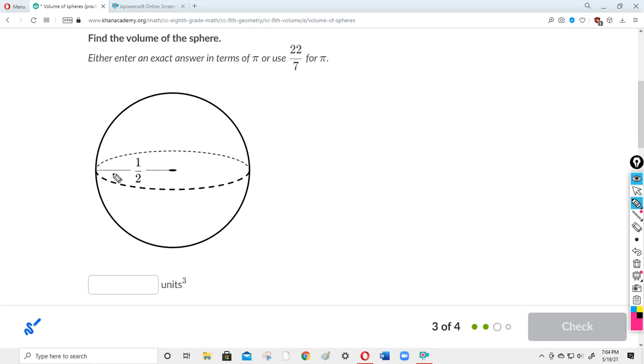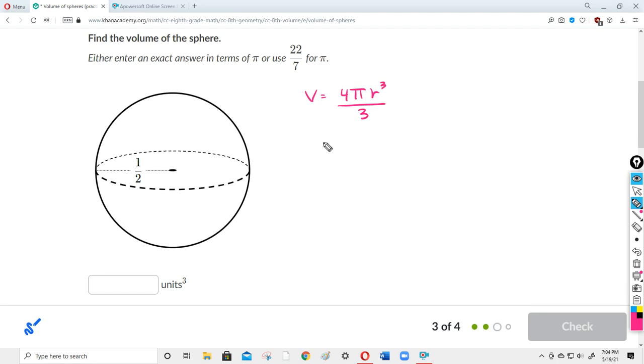So here, our radius r is a fraction. Okay, you want to be careful. Alright, again, I suggest you leave pi alone. They'll tell you to use 22/7 here since we have a fraction. This is similar to 3.14. Okay, so the volume of a sphere, we said it's going to be 4 pi r cubed divided by 3.